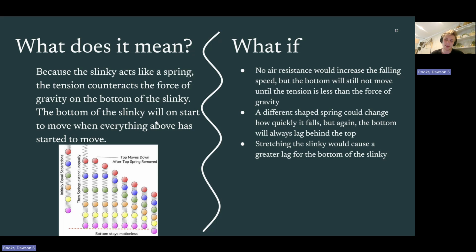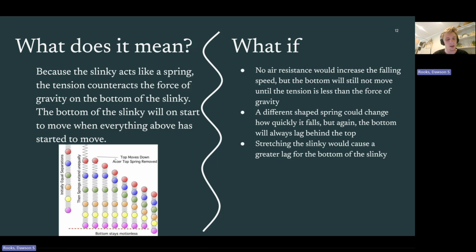So what does this even mean? Because the Slinky is a spring, the tension in it counteracts gravity. Basically, if you imagine the top of the spring, it's going down, but at the same time, it's pulling the bottom of the Slinky toward it, and therefore that force on the bottom from the top is going to fight against gravity, and in fact, it is equal to gravity, and therefore the bottom won't move until the top has fully compressed down.